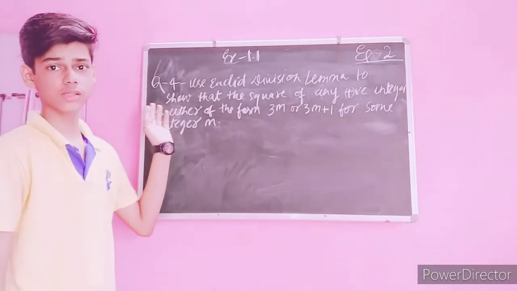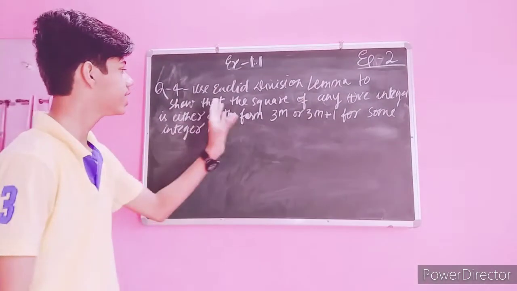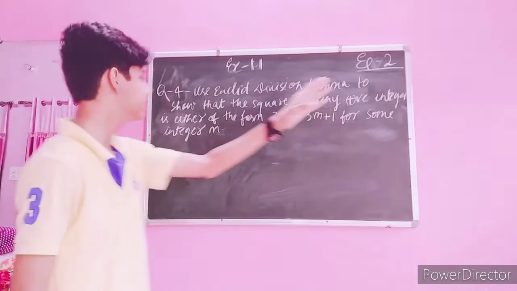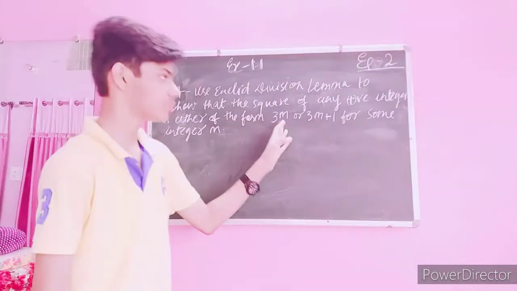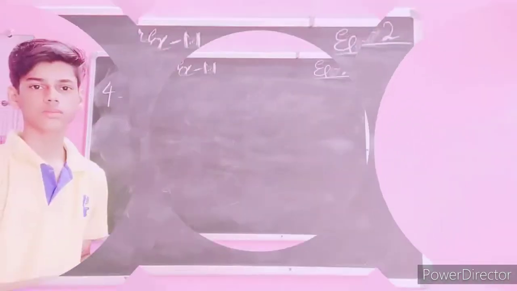So this is our second last question, which is question number 4. Use Euclid's division lemma to show that the square of any positive integer is either of the form 3m or 3m plus 1 for some integer m.